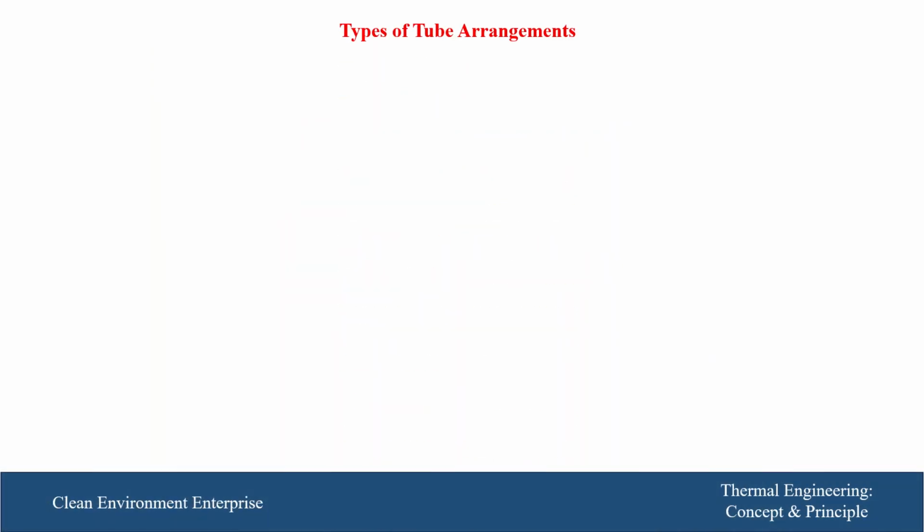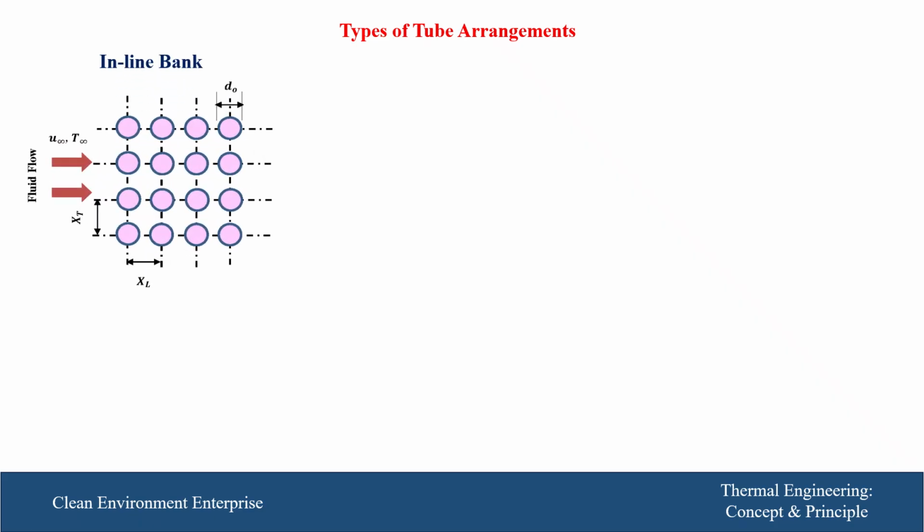Types of tube arrangements. Usually they are presented in a category called inline bank, where all the tubes are on the same center line as shown in this figure, and a section can be taken to estimate the flow area, which represents the minimum flow area for inline bank, as shown in this diagram. We have XT and XL.